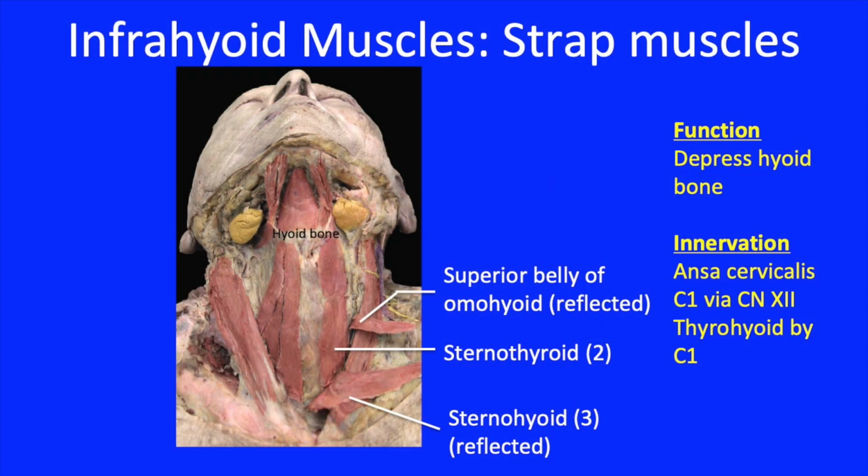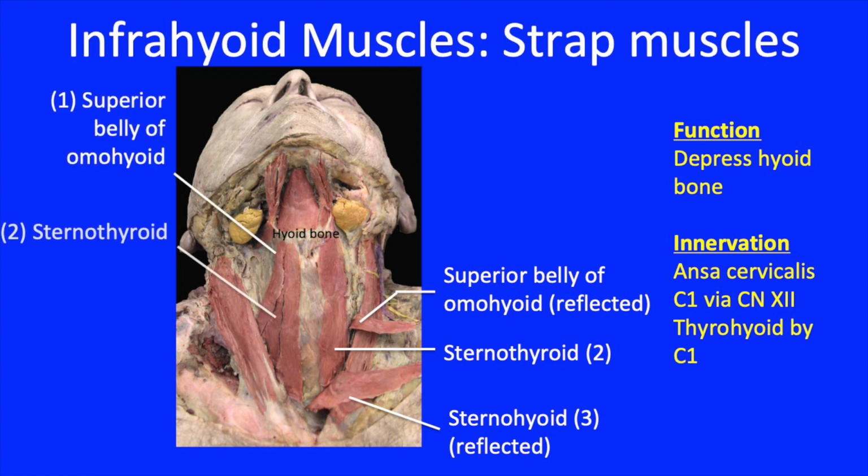Let's look first at the infrahyoid muscles, or strap muscles as they are called, because they resemble an old leather barber strap used to sharpen a straight razor. There are 4 muscles in this category, and they're known as the omohyoid, the sternothyroid, the sternohyoid, and the thyrohyoid. The suffix of the name refers to the distal attachment of the muscles.